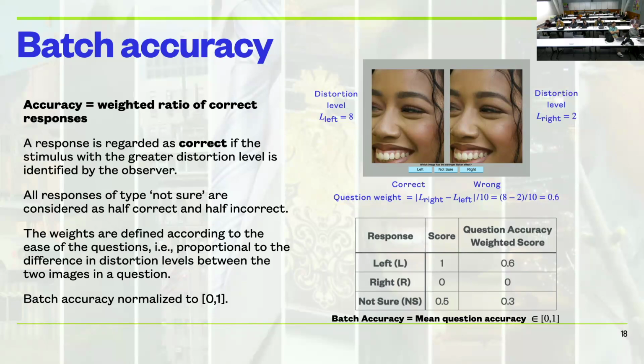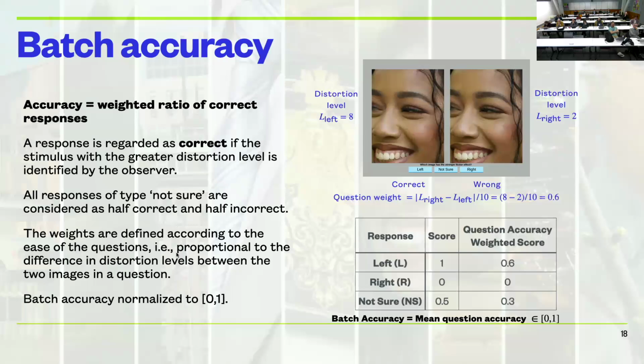That's not reasonable. We can do this only for same codec comparisons. Then it is correct. A response of not sure is considered half correct and half incorrect.